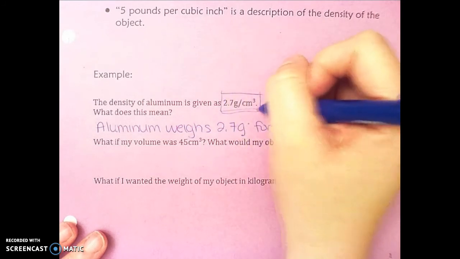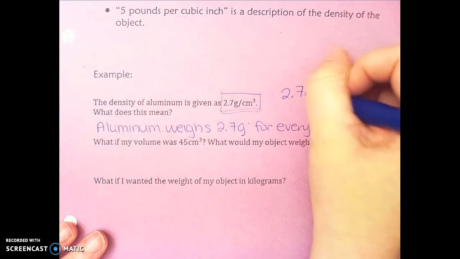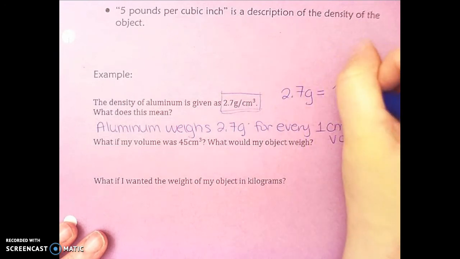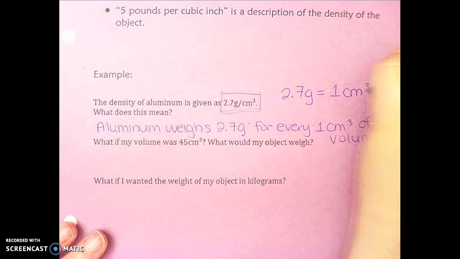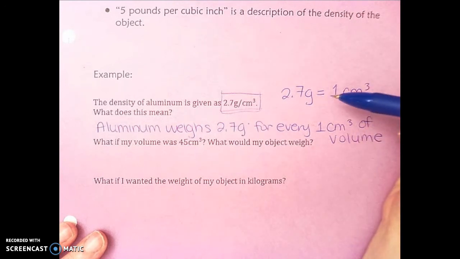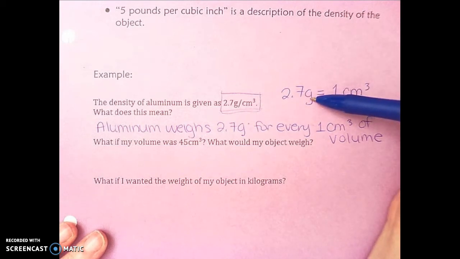This is telling me that 2.7 grams of an object is equivalent to 1 centimeter cubed of space. And we can actually use that to convert back and forth. If we know the mass of an object in grams, we could find its volume in centimeters cubed. If I knew its volume in centimeters cubed, I could find its weight or mass in grams.